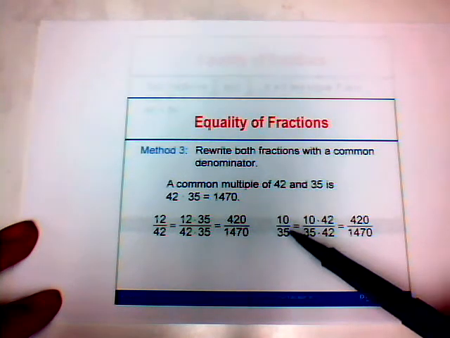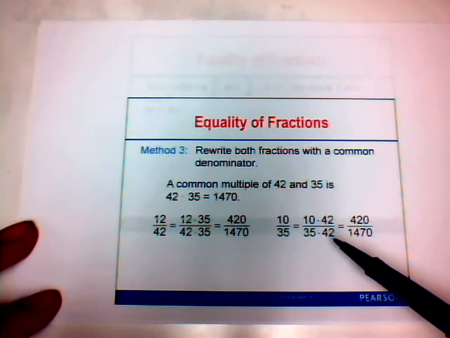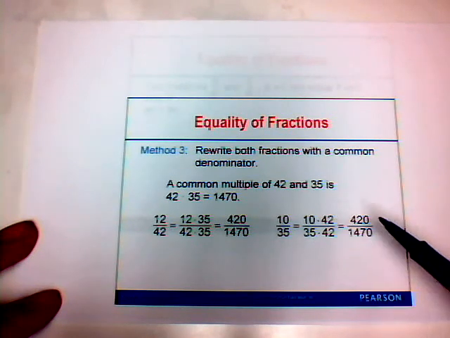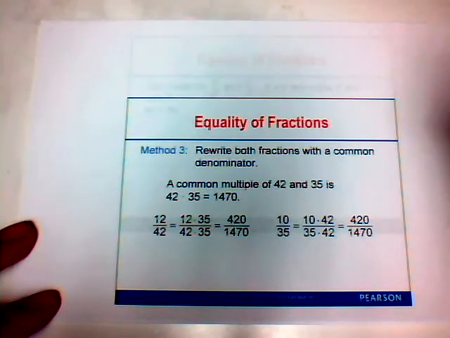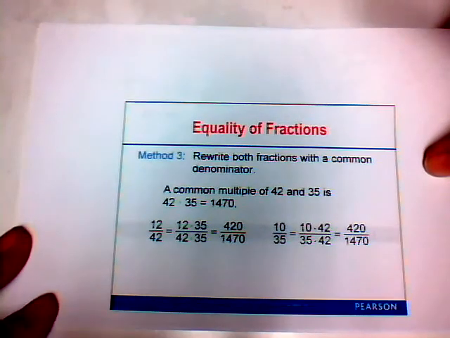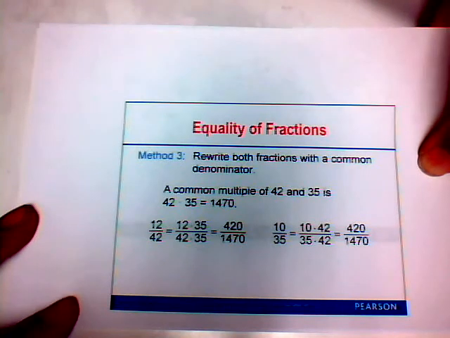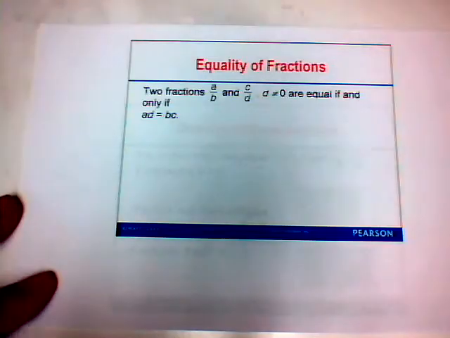And then for 10 over 35, we have to multiply the numerator and the denominator by 42 in order to get the denominator of 1470. 10 times 42 would be 420. 35 times 42 would be 1470. So here again, you can see that the two fractions are the same. So that means that 12 over 42 is equivalent to 10 over 35.